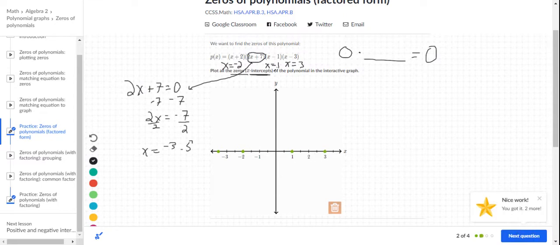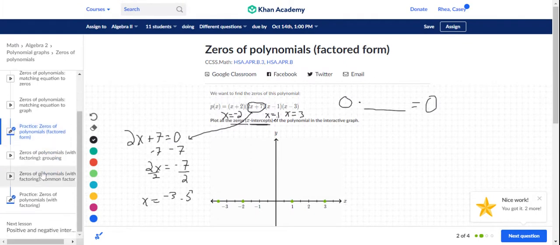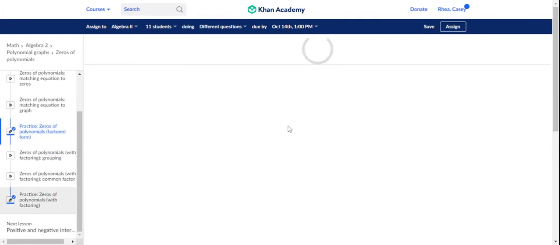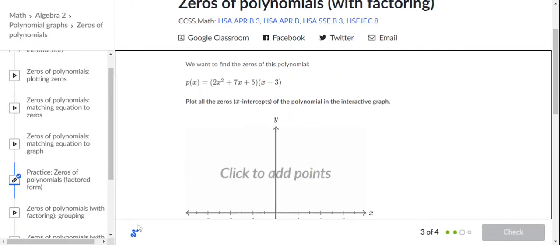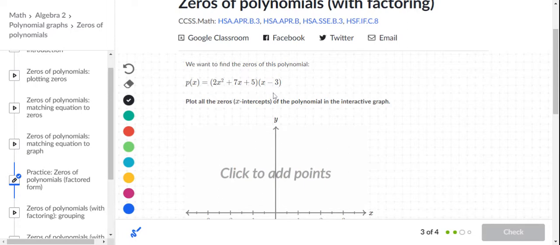All right, now the next assignment is what happens if everything's not factored out nice and neatly for us, like this one. Well, we're going to have to do the factoring just like we did earlier on in the year. All right, so right here, x minus 3 is already factored.